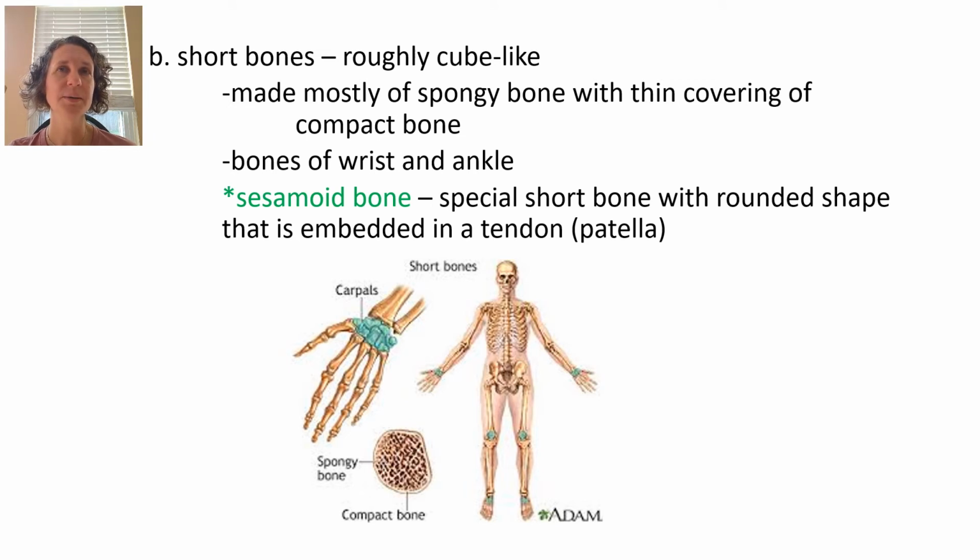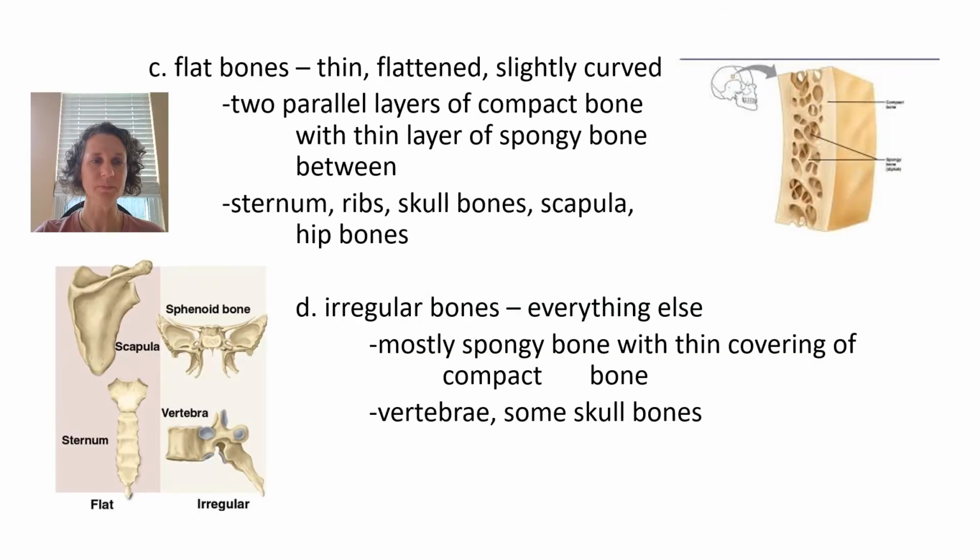Now, one special one to note is the sesamoid bone. It is the even fancier name for your patella, which is a fancy name for your kneecap. It is not cube-like, but has more of a rounded shape, and it is embedded down into the tendons that connect your upper leg to your lower leg. And so it's kind of a specialized short bone.